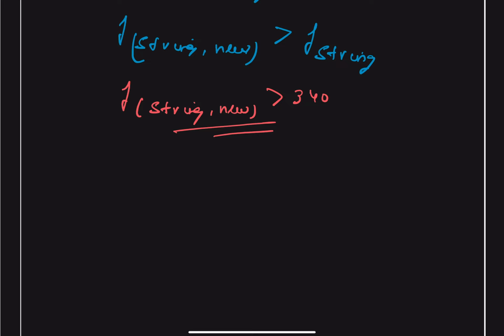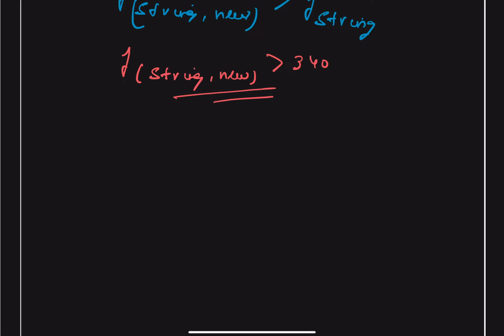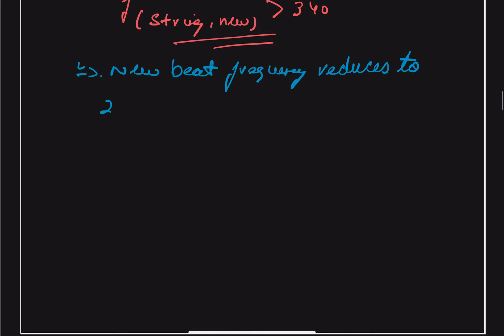Next, it is also given that as the tension increases, the number of beats is reduced to 2. So from here also, we can say the new beat frequency reduces to 2 beats per second.